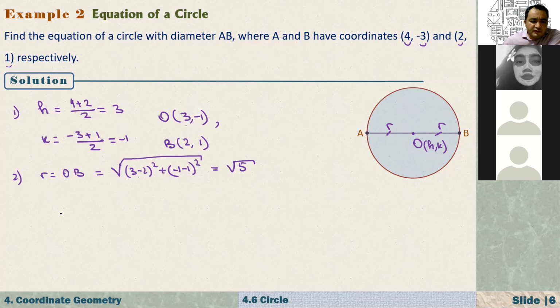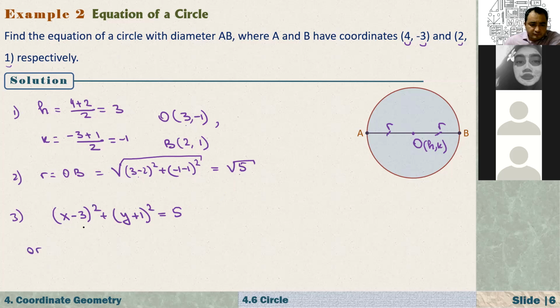So what is the equation of the circle? The equation is (x minus h) squared, h is 3, plus (y minus k) squared, k is -1, so plus (y plus 1) squared, equals r squared, which is 5.